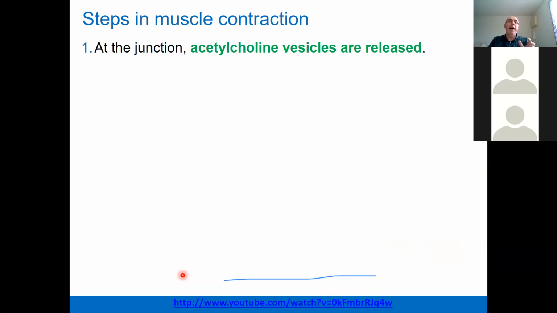Here at the junction of the nerve and muscle, as we know from our previous lectures, there are acetylcholine vesicles.